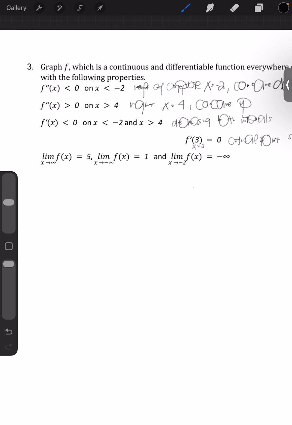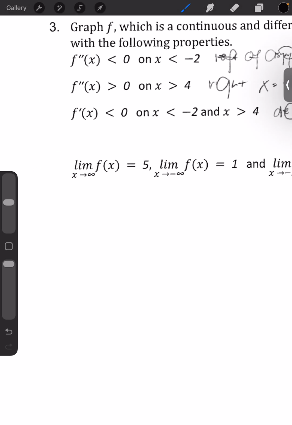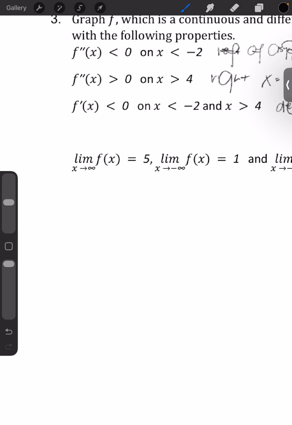And then for our limits here, as the limit of f of x approaches positive infinity, it is equal to 5. That means that we have a horizontal asymptote here, y equals 5.